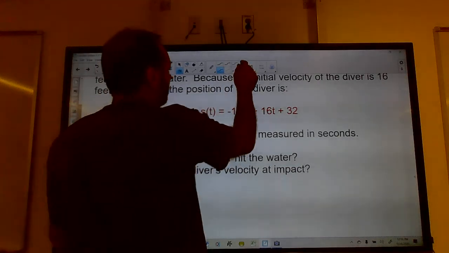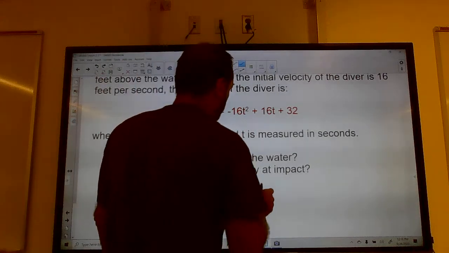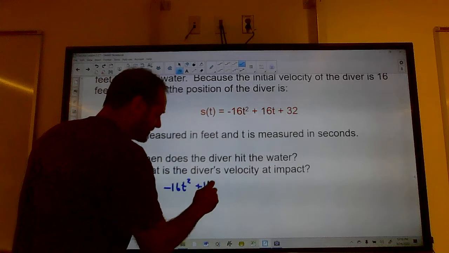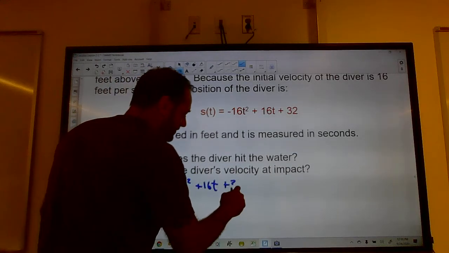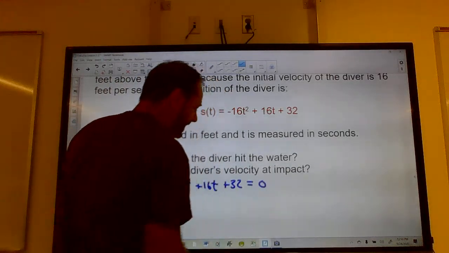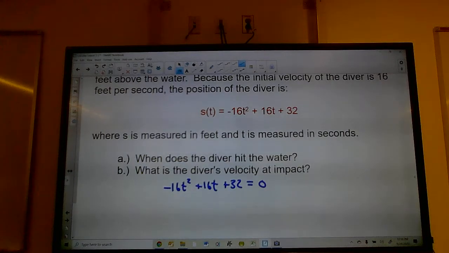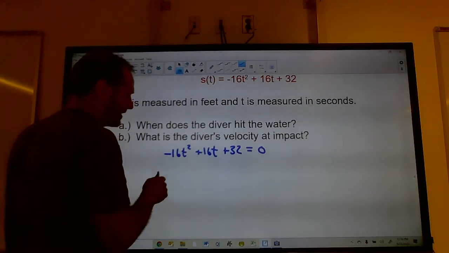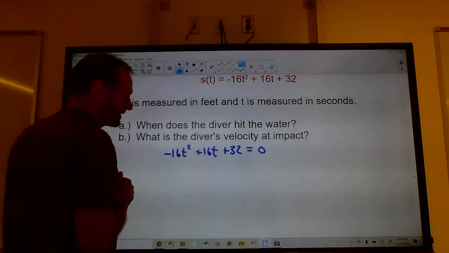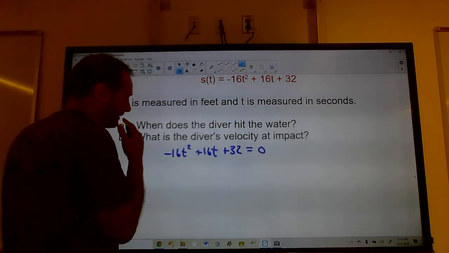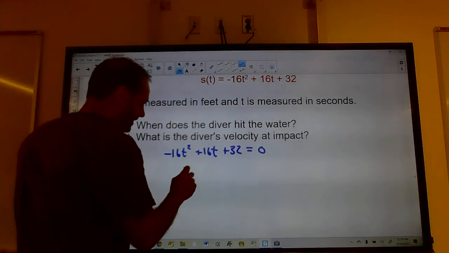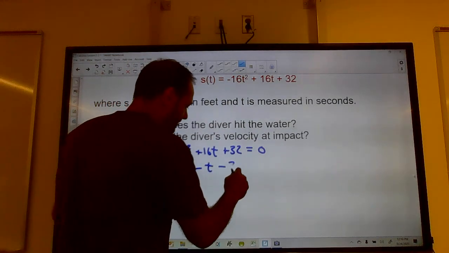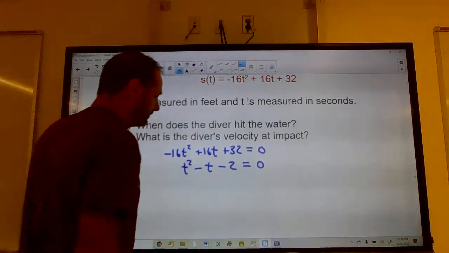Okay, so I can figure that out just by taking negative 16t squared plus 16t plus 32 and setting that equal to 0 and calculating the time. So the first thing I would do to simplify this is all of these are divisible by 16. I would divide out a negative 16 and I would get t squared minus t minus 2 is 0.